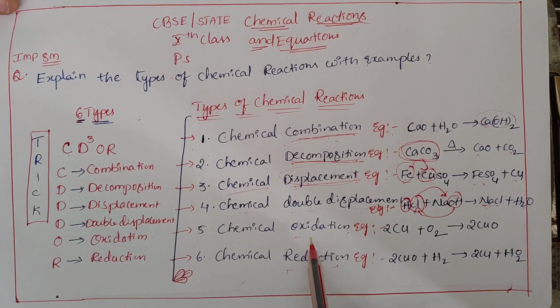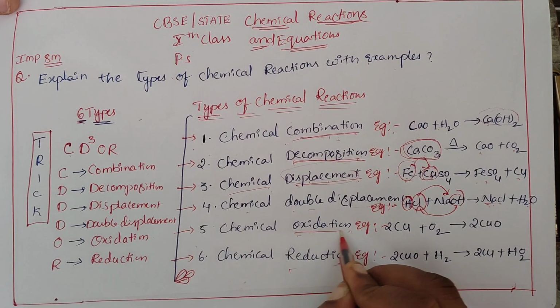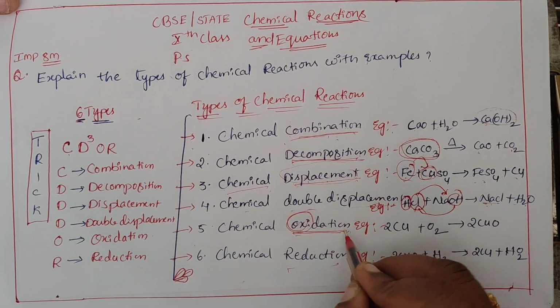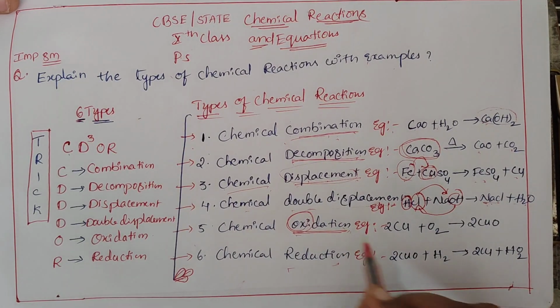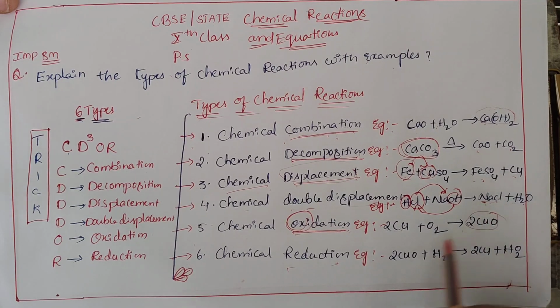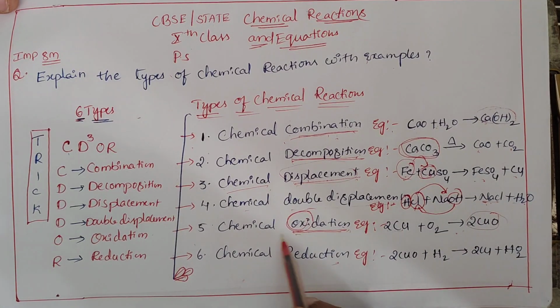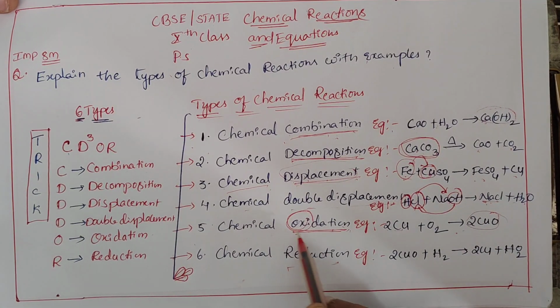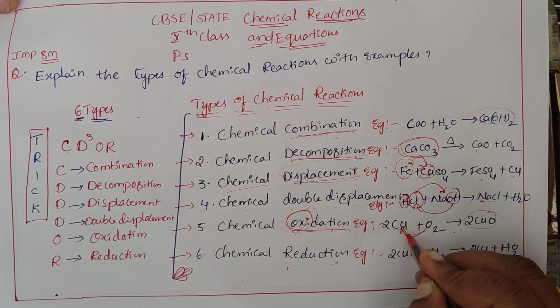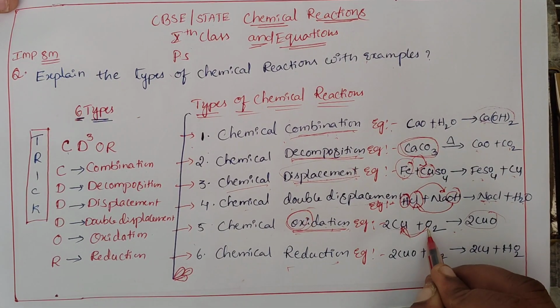And the fifth type is chemical oxidation, very easy and simple. Oxidation means addition of oxygen. For copper, we are adding oxygen to form copper oxide. So this comes under chemical oxidation reaction. Addition of oxygen is called oxidation reaction.